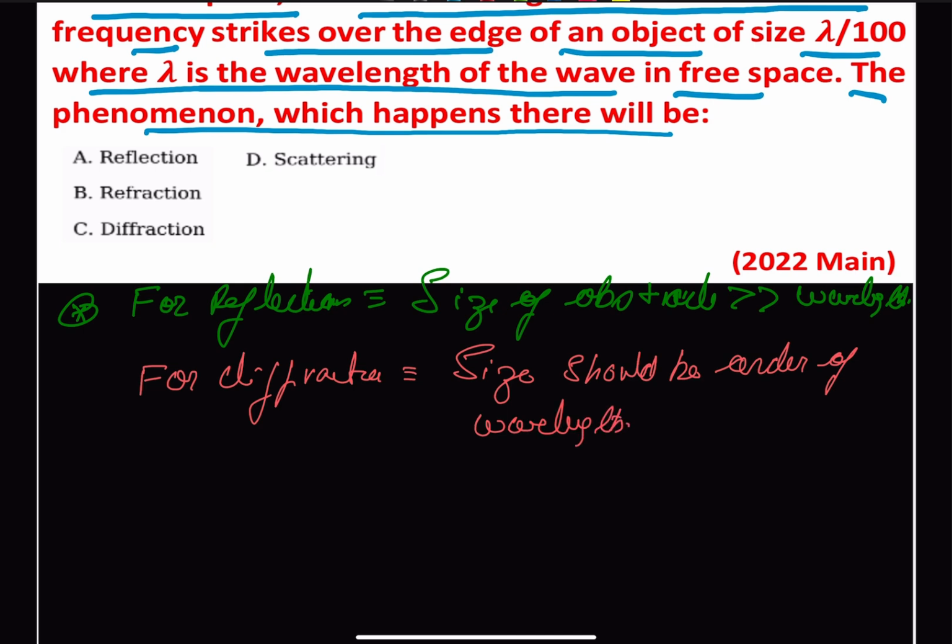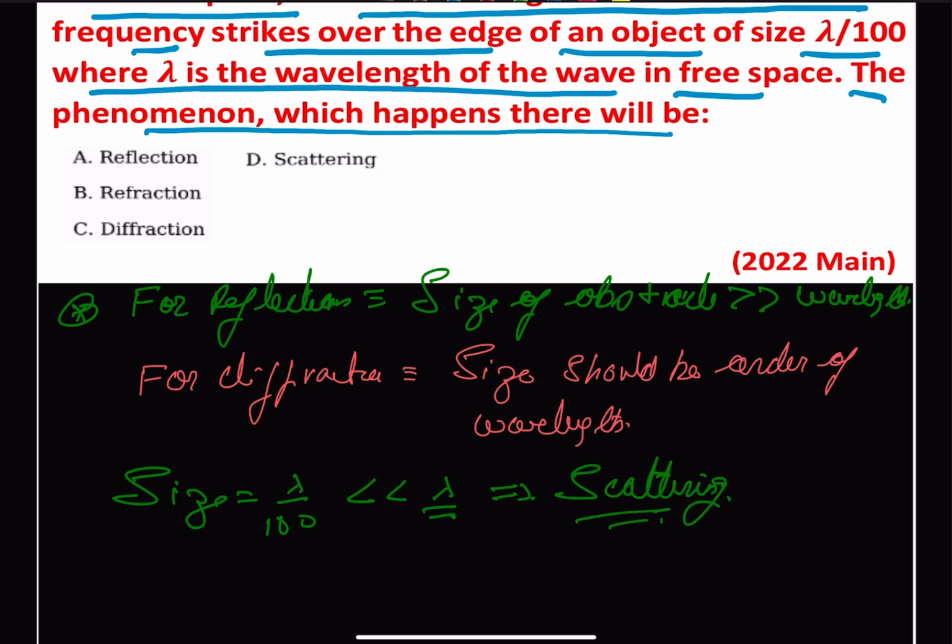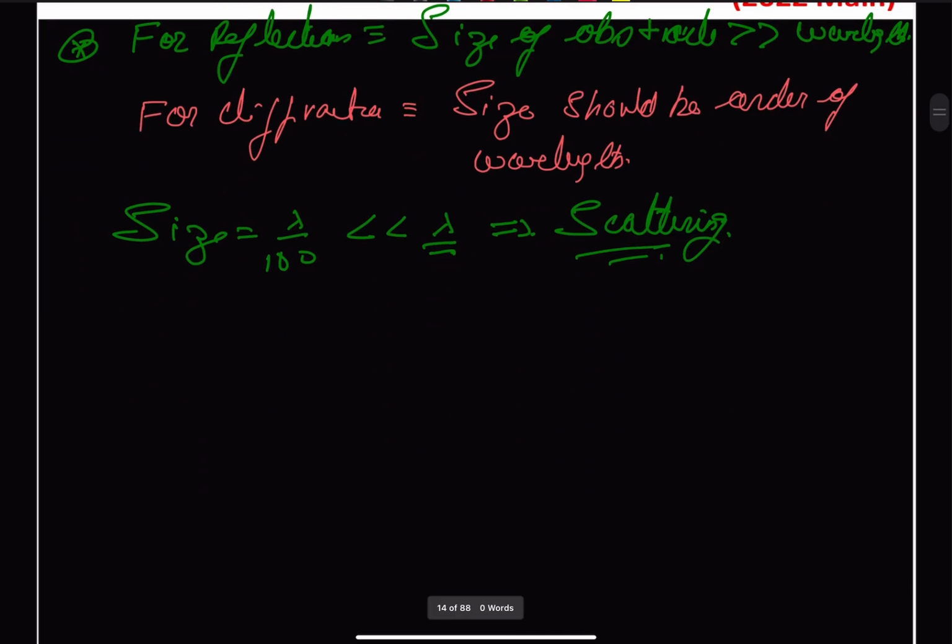And the size that is given to us, that is lambda upon 100, and this is very much less than the wavelength. So the only phenomenon that is possible will be our scattering. So option number D is the correct one.